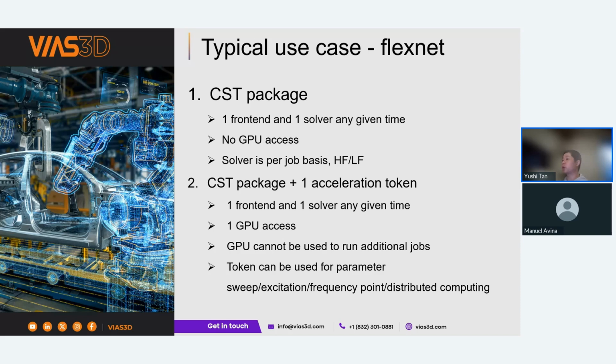And when it comes to distributed computing, you can distribute out to multiple nodes, so you can get the solution twice as fast. And depending on how many acceleration tokens you have access to, the number of nodes or frequency points or excitations you can process will differ. And it's not a linear relationship. So if you have one acceleration token, it's going to unlock one GPU, and two acceleration tokens, two GPUs, but three acceleration tokens unlocks four GPUs.